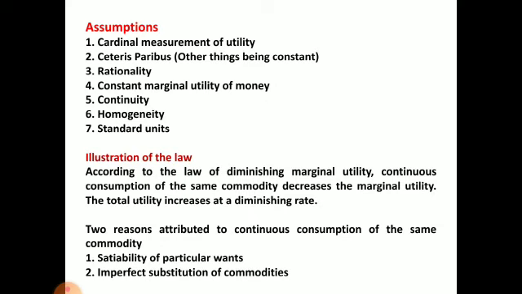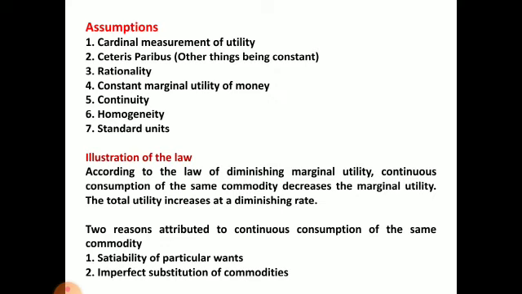The law assumes continuity in consumption. Continuity implies consumption of the units of a same commodity one after another successively without any time interval. When you say continuity, it means suppose you want to measure the utility of the bananas that you consume.